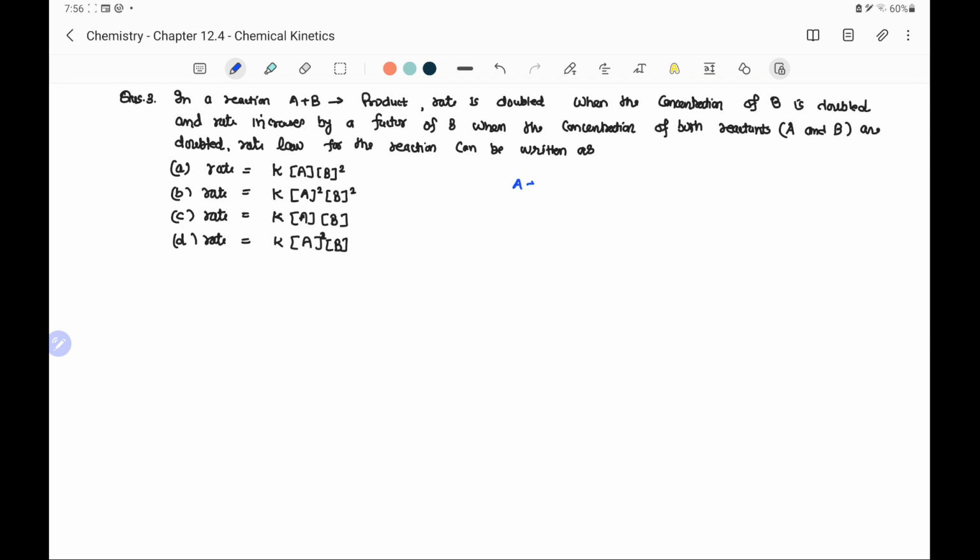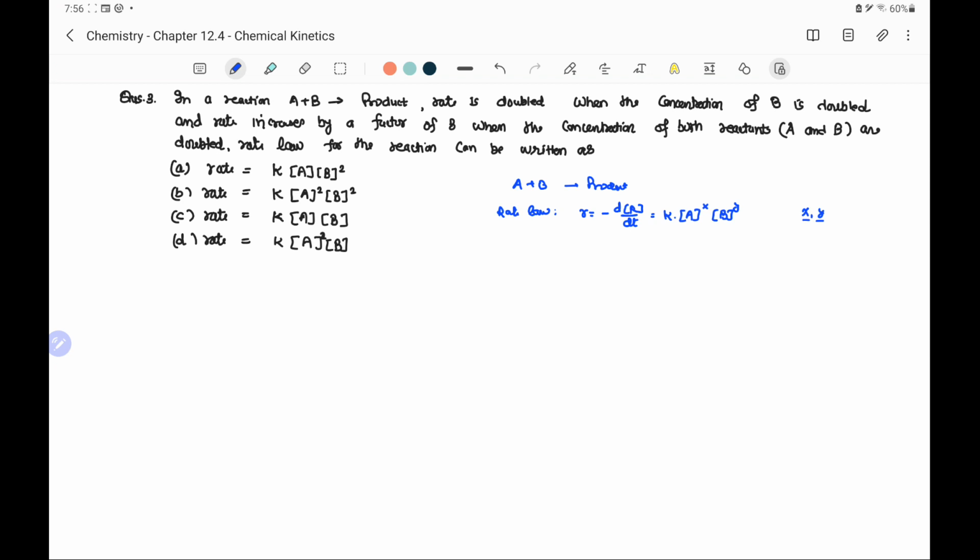So for the reaction A plus B giving product, the rate law is R equal to minus dR by dt, equal to rate constant K times concentration of A raised to power x and concentration of B raised to power y, where x and y we have to calculate.